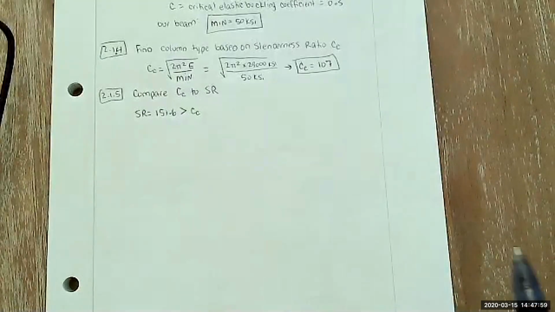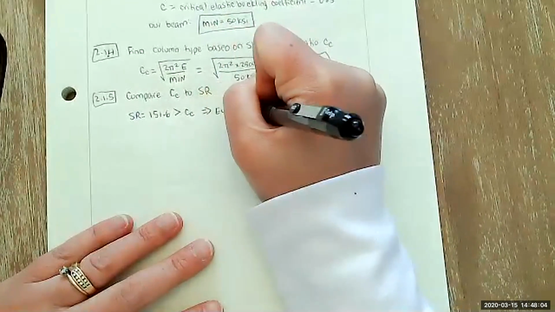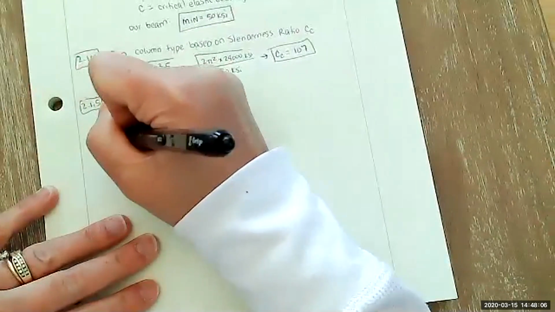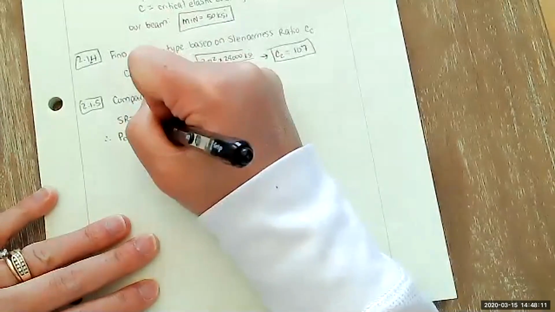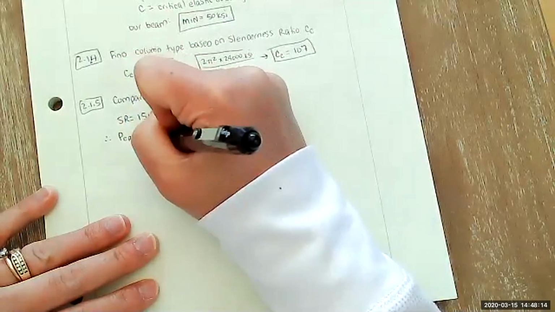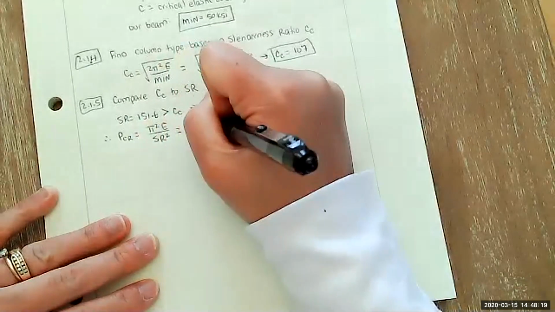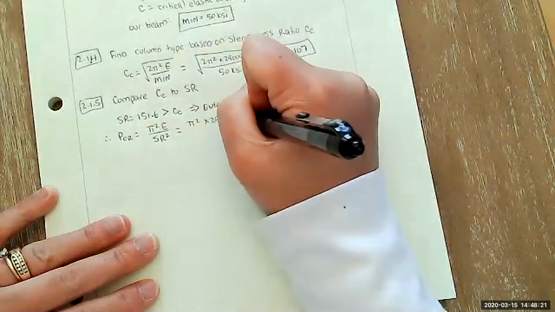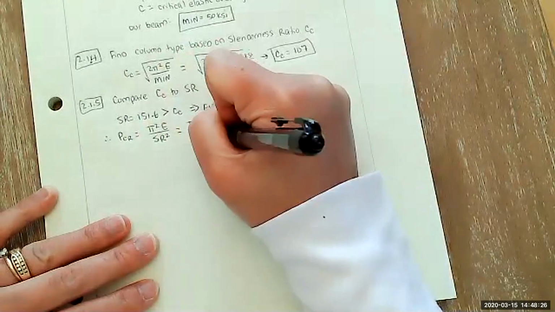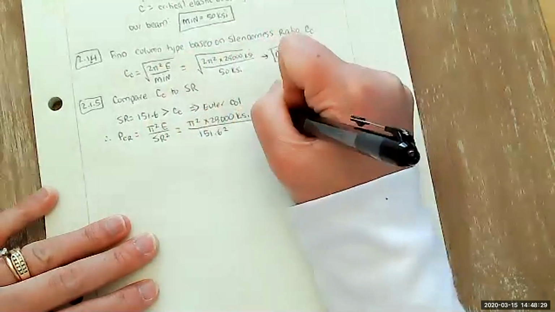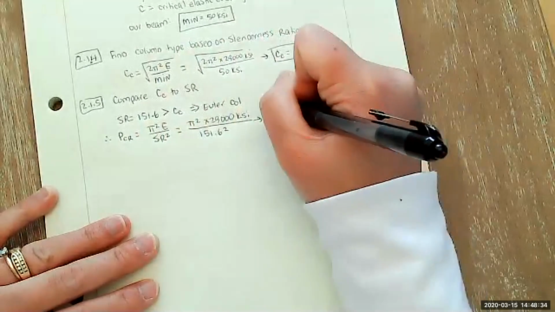We have an Euler column. So this means that our critical buckling stress is equal to pi squared E over SR, our slenderness ratio, squared. So that's pi squared times 29,000 KSI divided by 151.6 squared, or PCR is equal to 12.5 KSI.